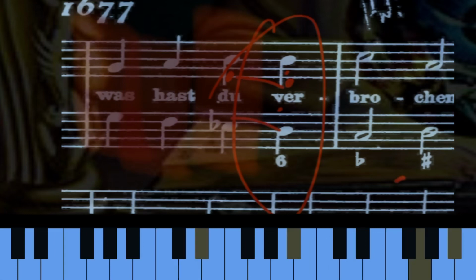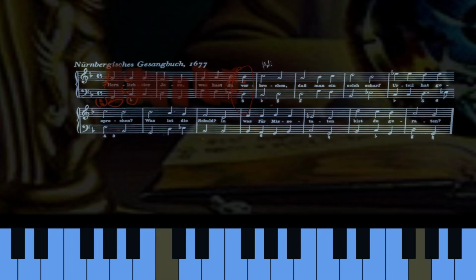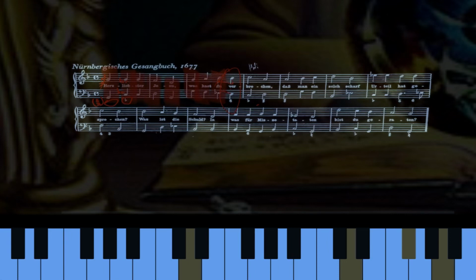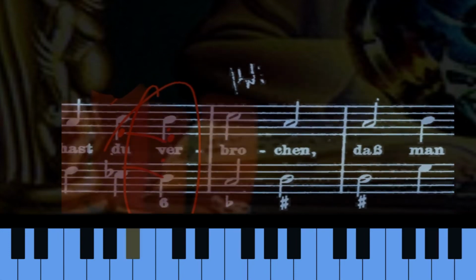You want to do this jump, to avoid the parallel octave. Those are the details that you need to pay attention to when you do this exercise. Then we know already, we keep the closed position. The same thing.